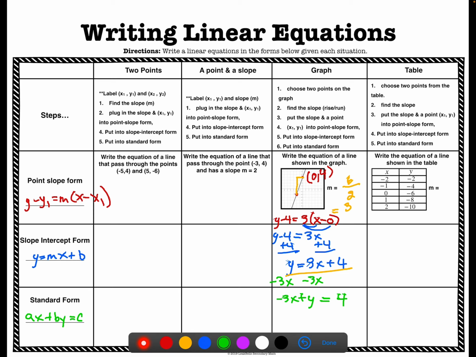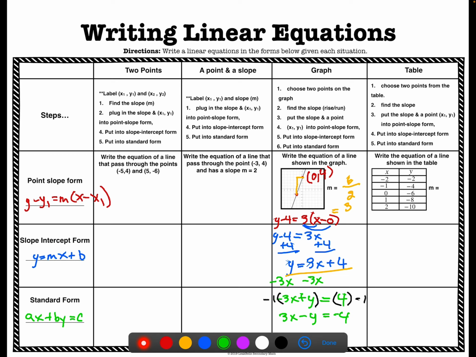But remember, we don't like to start off with a negative number, so we're going to multiply each side here by -1. And so we have positive 3x minus y equals -4. And that's our standard form.